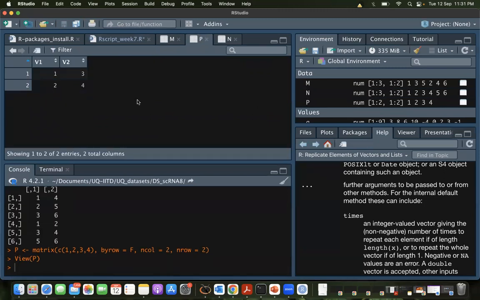So can I add it below matrix M, or can I add it to the right of matrix M? M is a 3 by 2 matrix. P is a 2 by 2 matrix. So I want to join M and P. Will that joining be one below the other, or will it be left and right adjacent?